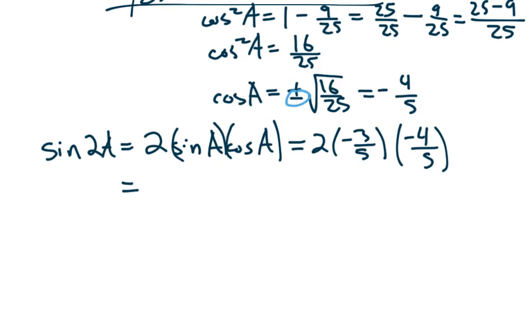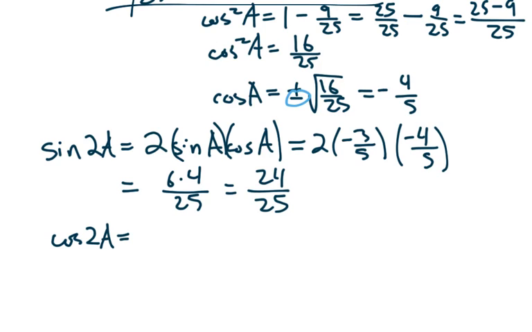From here it's just simplifying. We're basically done. 2 times negative 3 times negative 4. That's positive, negative times negative. And you get 6 times 4 over 5 times 5. That's 24 25ths. And it's positive. That's that. Cosine 2a. We already did the hard work. This is cosine squared a minus sine squared a.